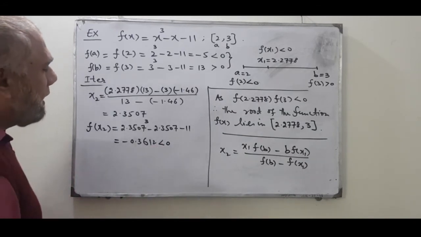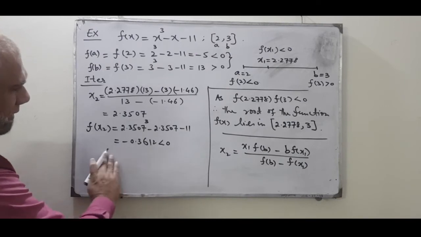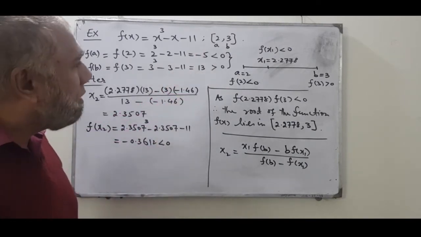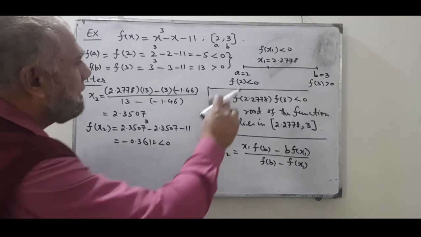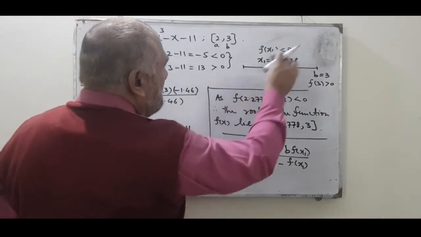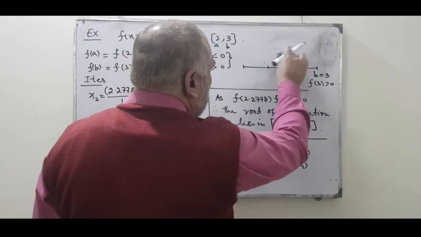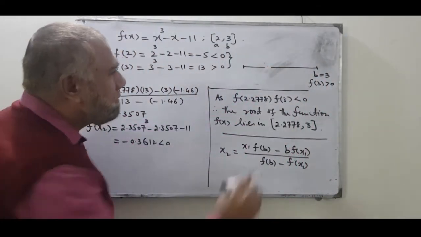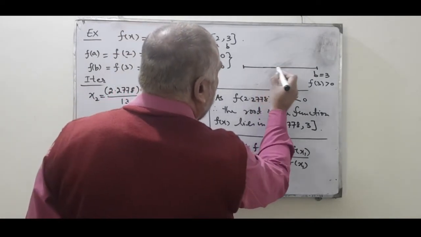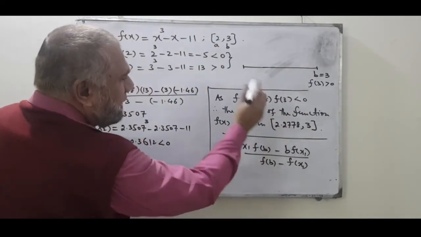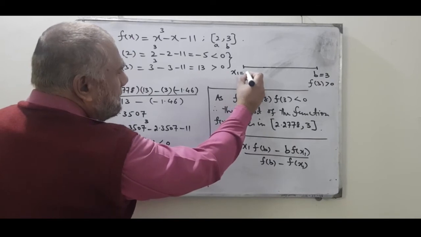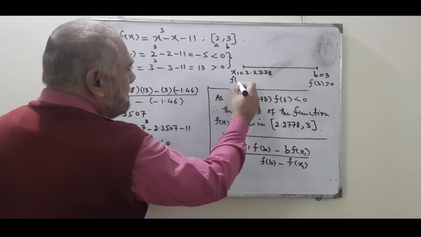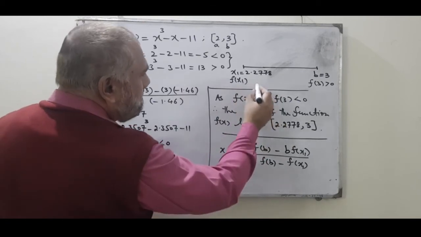Now after finding all this information, let's show all these on the straight line here. I replace all these values by the new values. The right hand point is the same, so we just change the other two values. The left hand point was x1, which is equal to 2.2778, and the function value at x1 was negative.